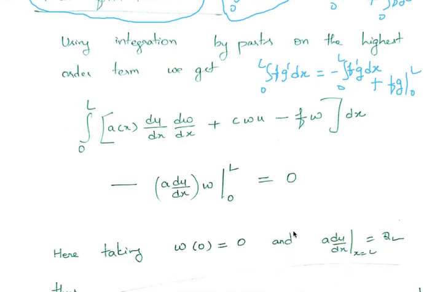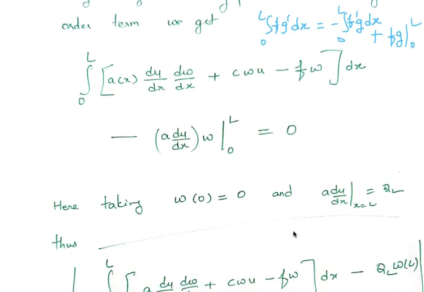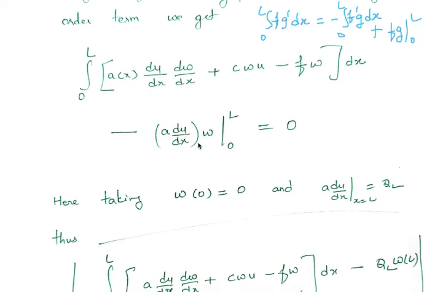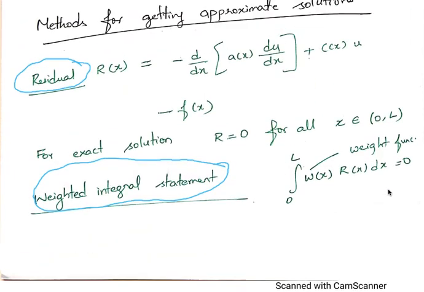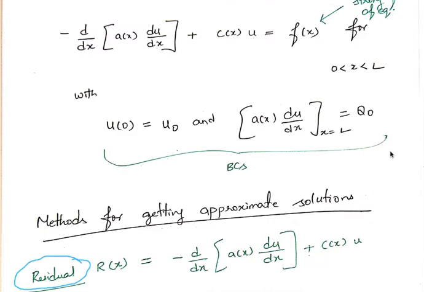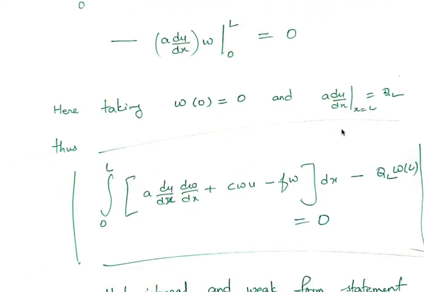integration by parts. Now after this, I am going to substitute the boundary conditions into the boundary terms. At L it is straightforward, right? If you look at boundary conditions, a into du by dx at x equal to L is Q naught.